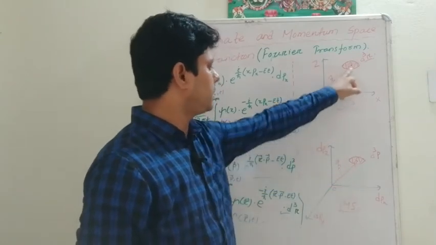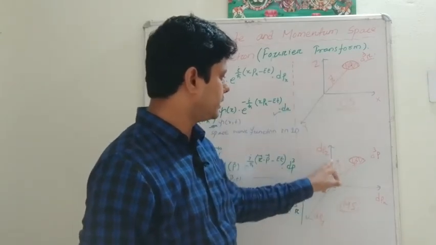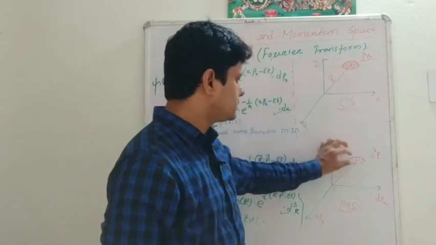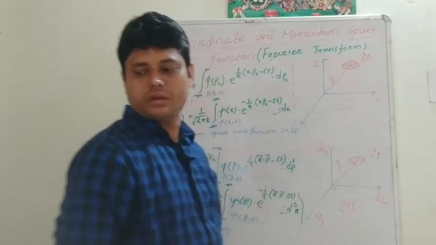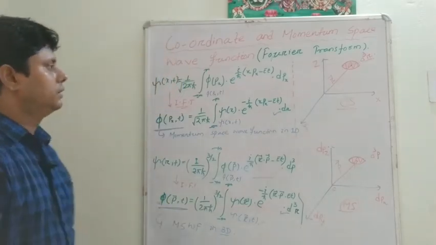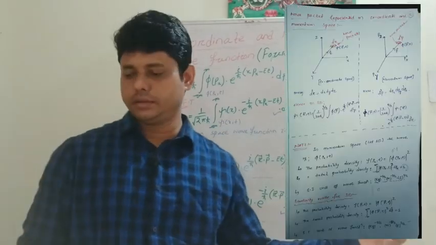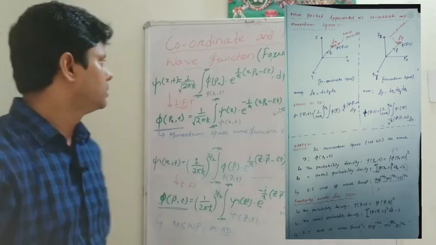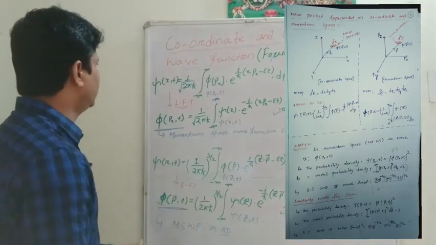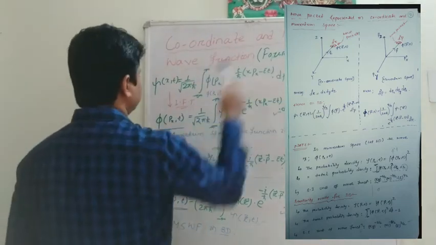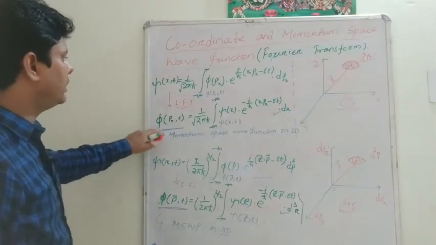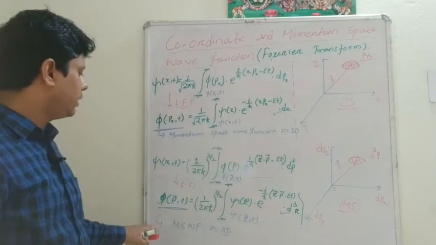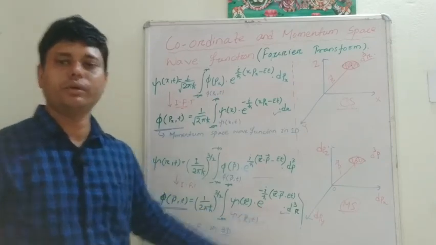From the origin it will be r, from the origin we can say it is p, and this is the volume element dqp, and this is dqr. This is the note that you can write. So we found, by doing Fourier transform, the momentum wave function in 1D is this one, and in 3D is this one.